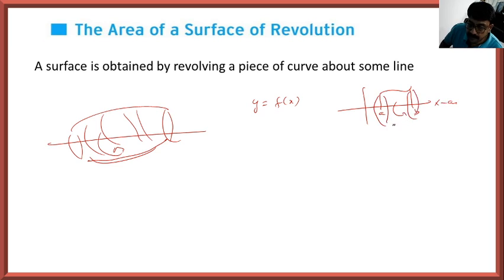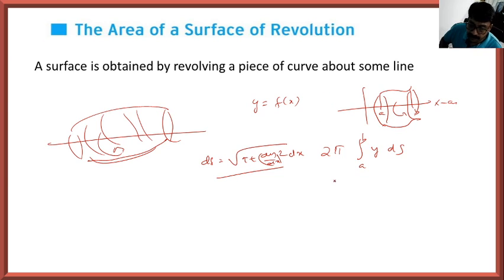The surface area is obtained by the formula 2 pi integral a to b y ds, where ds is equal to square root of 1 plus (dy by dx) the whole square dx in the case of Cartesian form. Similarly, if it is rotated about the y-axis, the formula is 2 pi integral a to b x ds, where ds is square root of 1 plus (dy by dx) whole square dx.